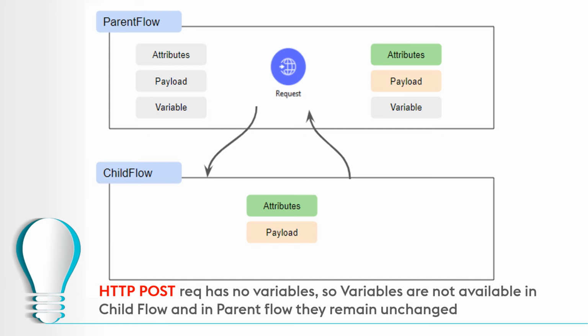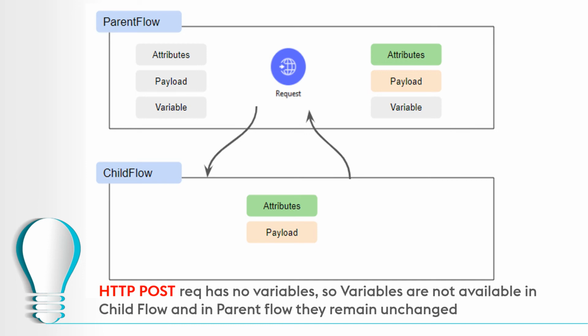In the exam you might see that they are using a particular variable with the same variable name. They are making some modification in your child flow and asking you what the variable value is. It will remain unchanged in your main flow. In HTTP request you can never pass variables.